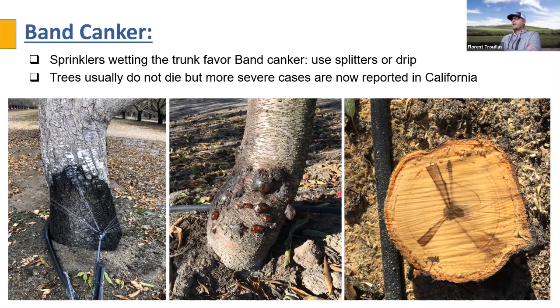Final words about symptoms. Again, they often occur at the base of the trunk. They could be confused with other things, but they are generally forming in a band. And although these disease symptoms may be alarming, a lot of trees tend to recover from band canker after fifth leaf. So, after five years or so, a lot of trees tend to recover.